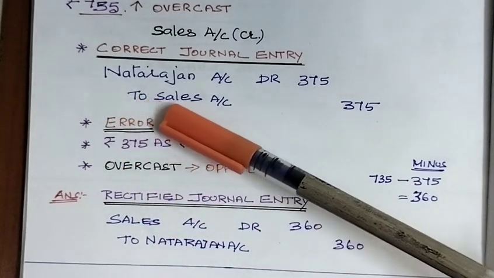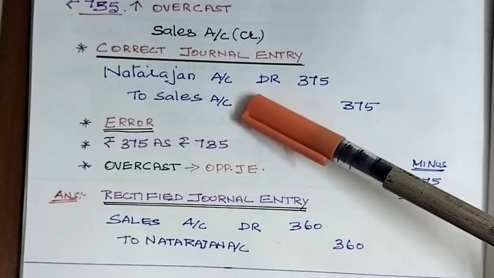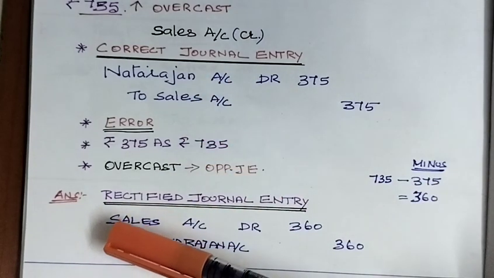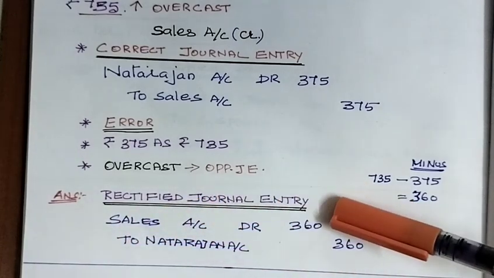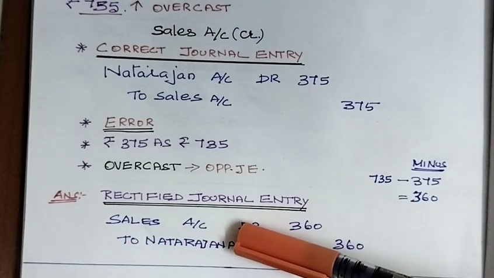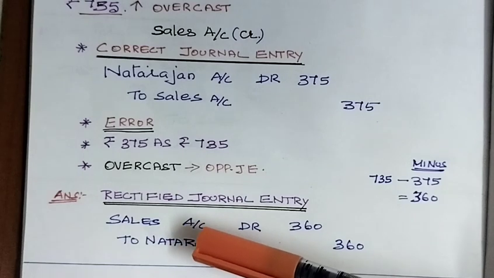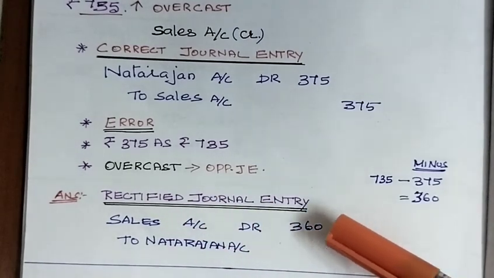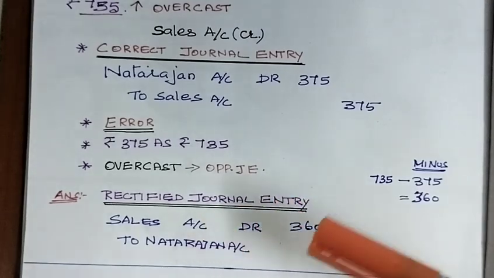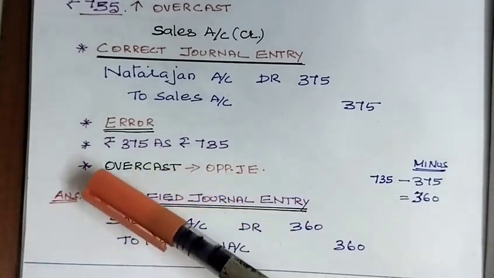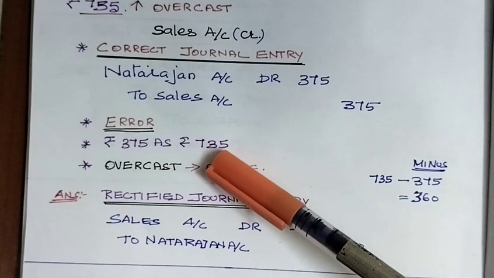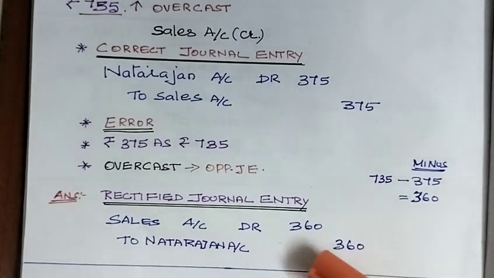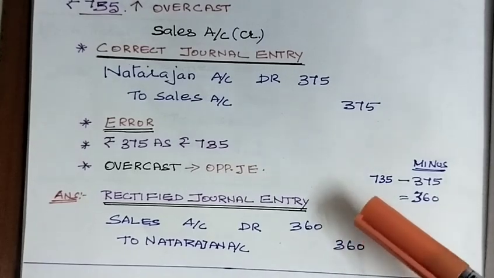Then the sales account is on the credit side, so we have to debit it. So sales account debit 360 rupees. Now the error is rectified. We have to enter the difference value: subtract 375 rupees from 735, and we get 360 rupees.